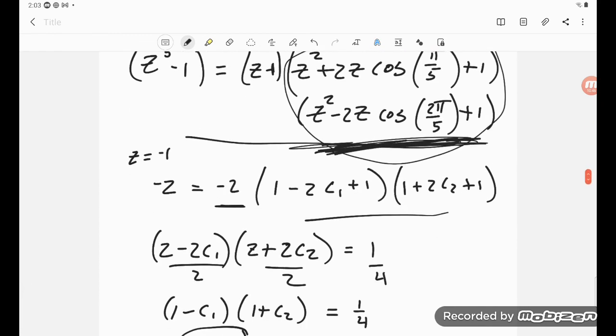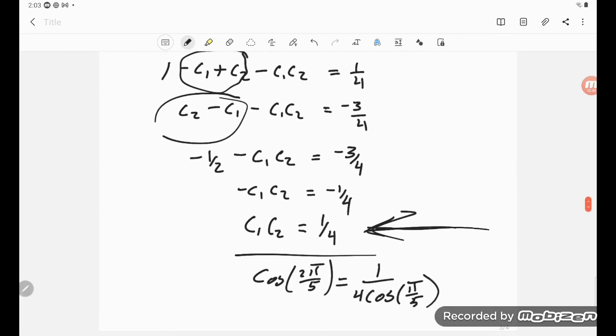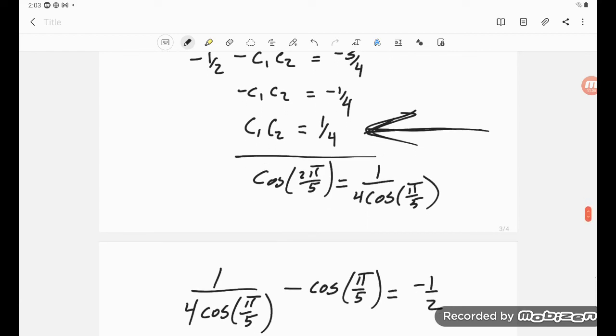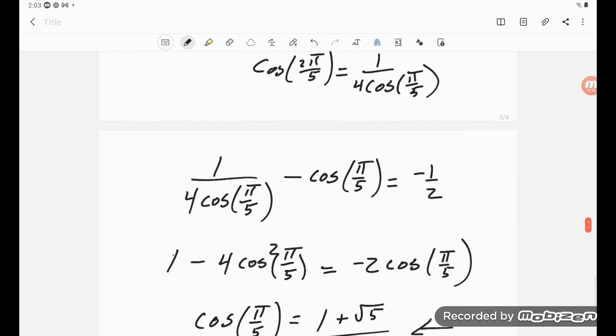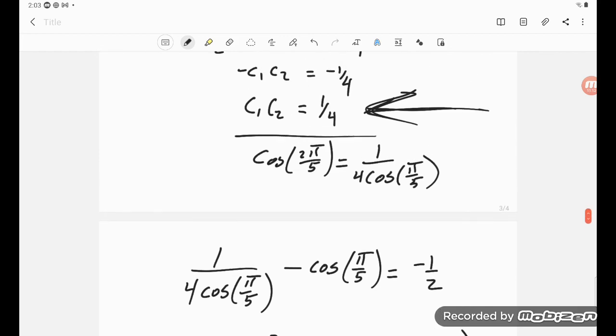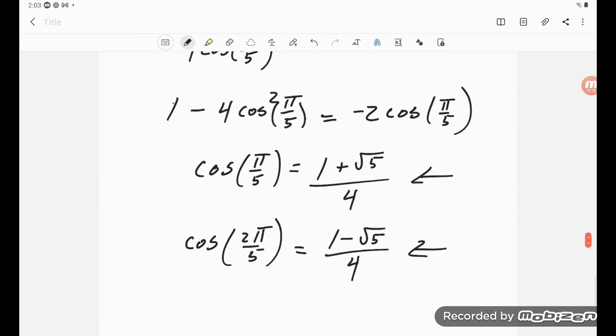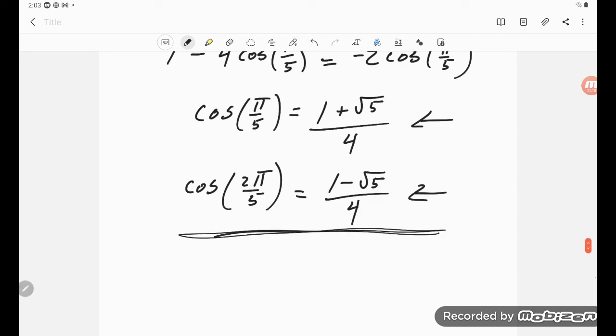But I haven't been able to get this product part, other than basically using the answer and plugging in. I'm sure we could look it up and see, but I haven't done that. But at any rate, if you go ahead and use that identity, certainly you can get your expressions for cosine of pi over 5 and cosine of 2 pi over 5. So that's where we'll leave 118 at this point.